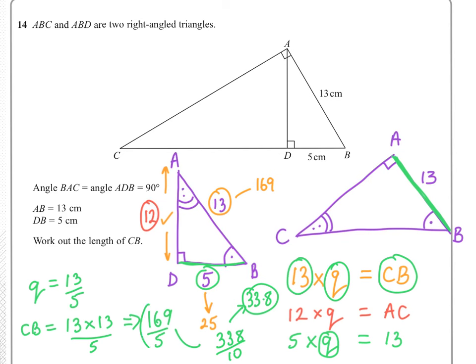You wouldn't have to worry if you put that as your answer, because that would be just as well, but I think some people are addicted to doing decimals here, so if you want to see the decimal, then there it is, 33.8, but this is absolutely fine also.